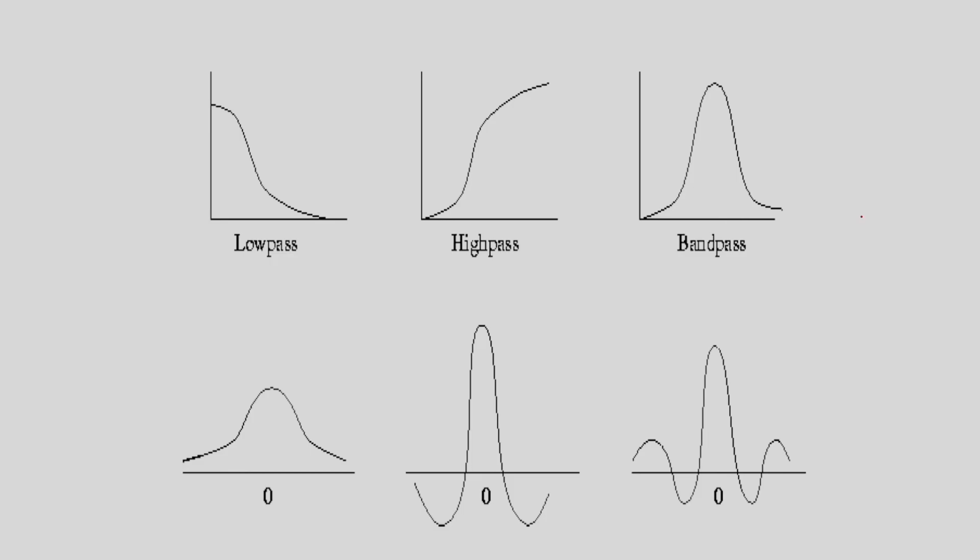And in this case you can see, in frequency domain I have shown, the first row is the frequency domain corresponding to the low pass filter, high pass filter and the band pass filter. In the second row I am showing the response in the spatial domain. In the spatial domain, this is the response for the low pass filter, this is the response for the high pass filter, and this is the response for the band pass filter. So in this case the center pixel, already you know the center pixel is 8/9.